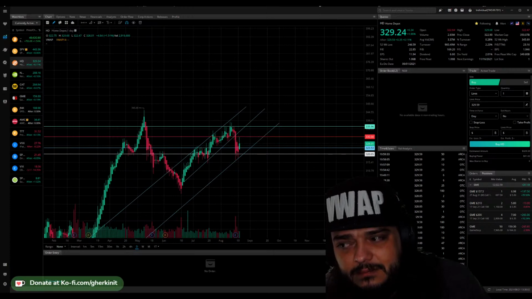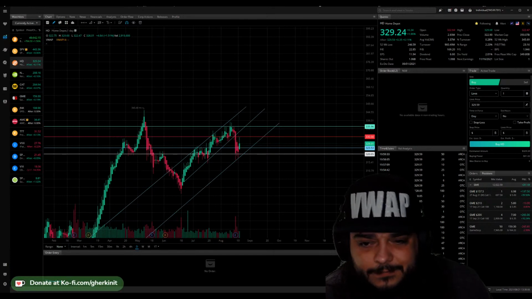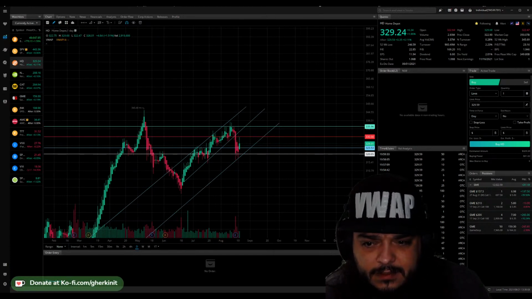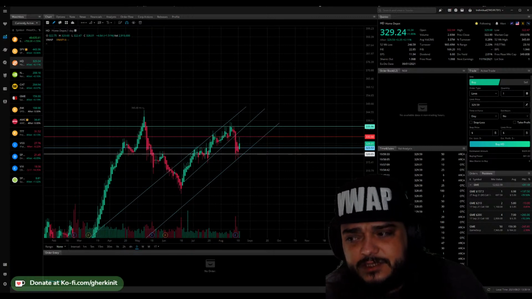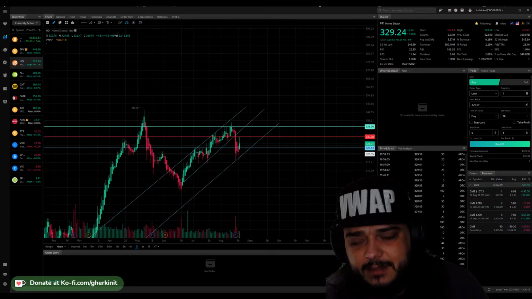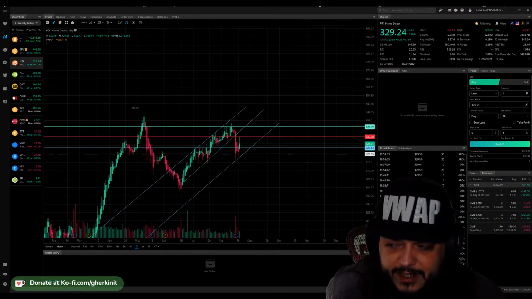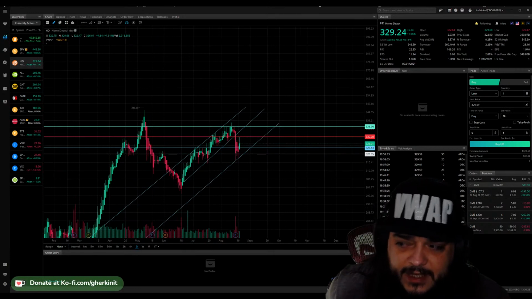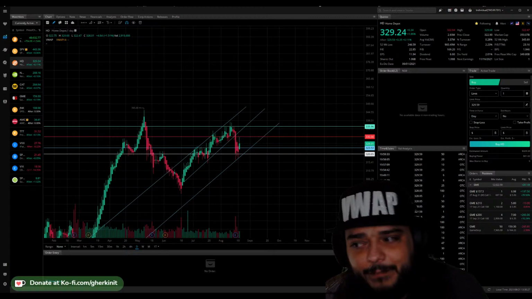Highly liquid, popular assets. But yeah, it's not a strategy that doesn't work. It's just not my favorite strategy, right? Because I trade momentum and breakout, and that strategy is more akin to playing biotech stocks, right?